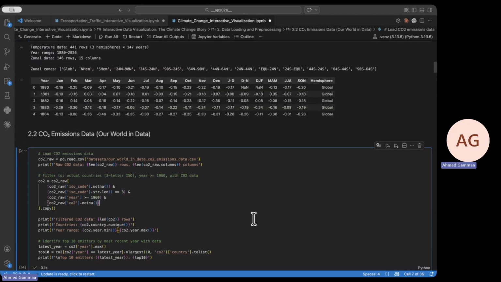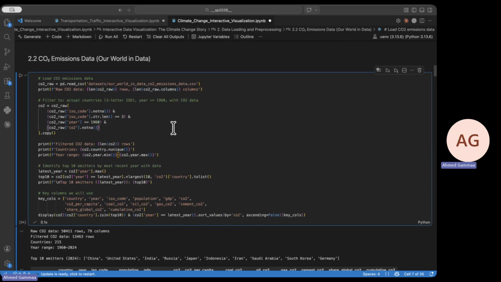For the CO2 emissions, we have 50,000 records. And the records have aggregates, for example, the world, high income countries, stuff like that. We want only the actual countries' data.